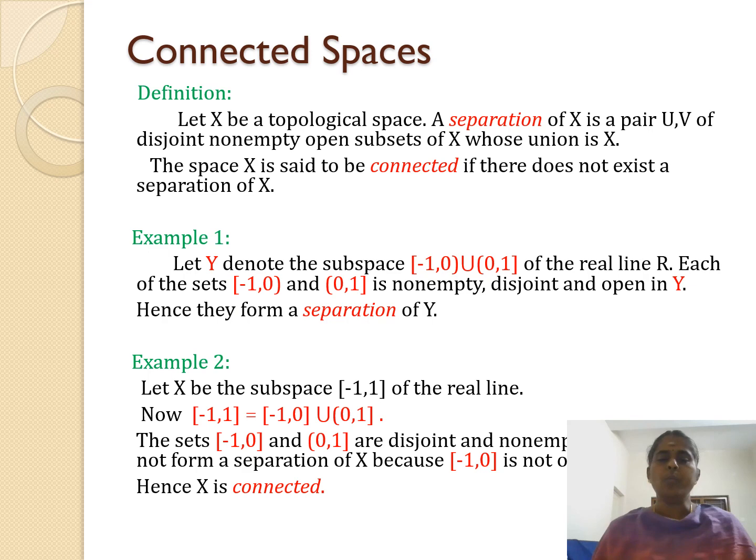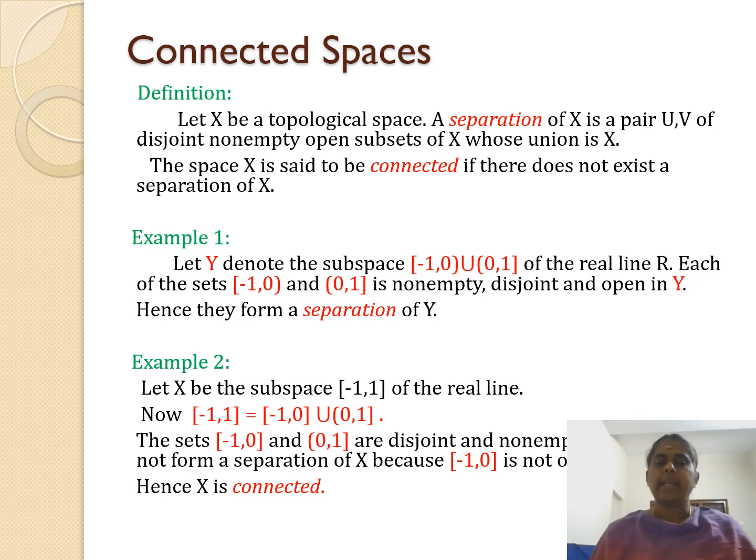In example 2, connectedness is given. Suppose we take the space X as the closed interval [-1, 1] of the real line R. Now the subspace X of R is expressed as the union of the closed interval [-1, 0] and the left open interval (0, 1].